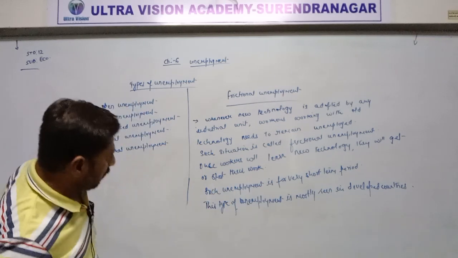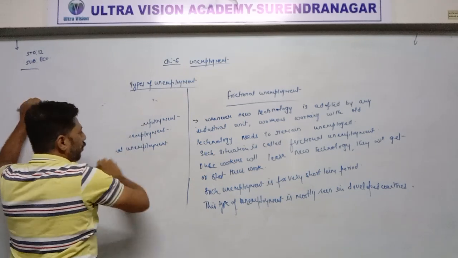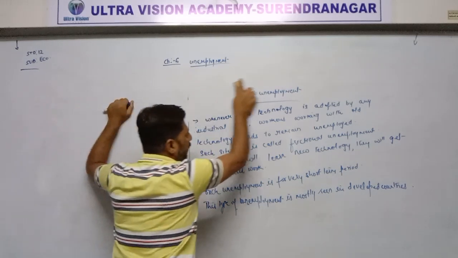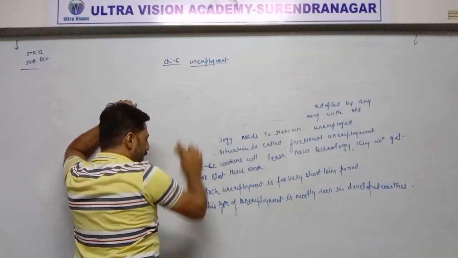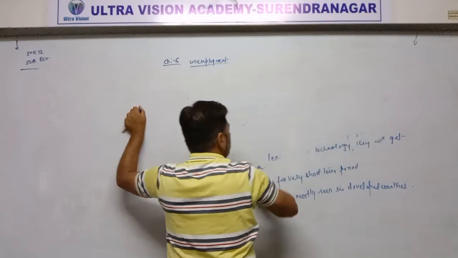Now next topic is 5-mark question, causes of unemployment. The meaning of unemployment we have completed, types of unemployment completed. Now next topic is causes of unemployment.